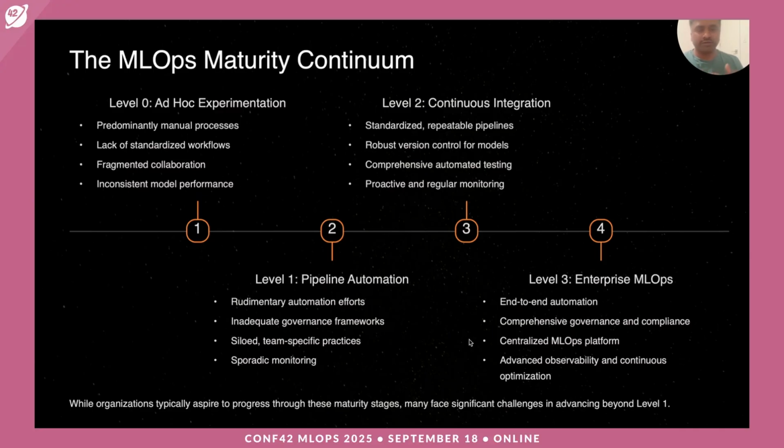And also having that really sound, proactive monitoring is extremely important when we talk about enhancing these MLOps pipelines. And the next important thing, I think this is where we have the best in class. You have end-to-end automation with very low or no manual effort at all, comprehensive governance and compliance policies established, centralized MLOps pipelines, and also advanced observability and continuous optimization.